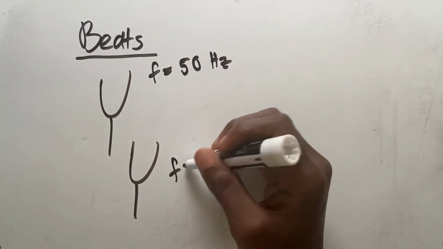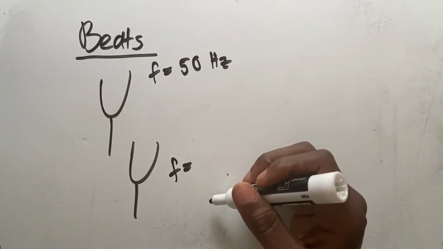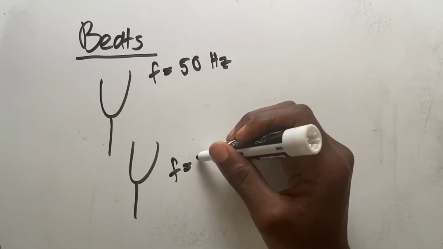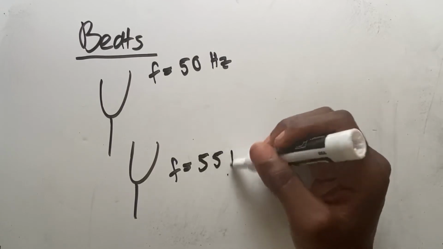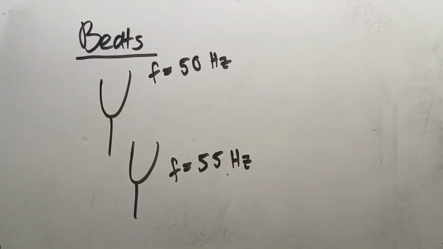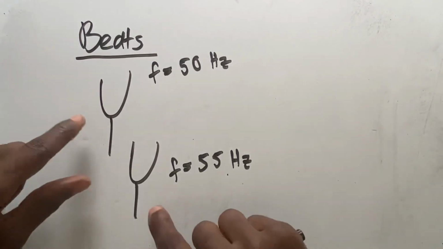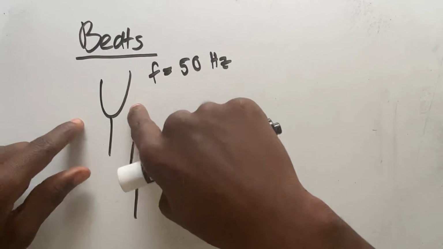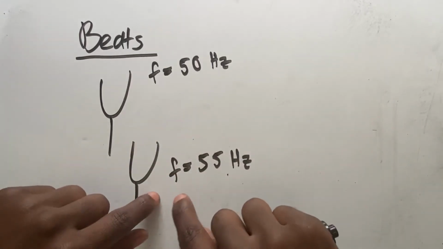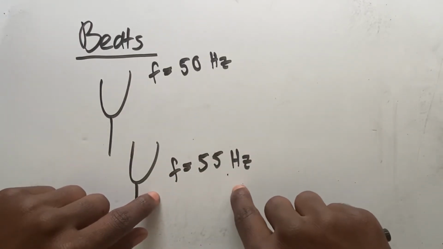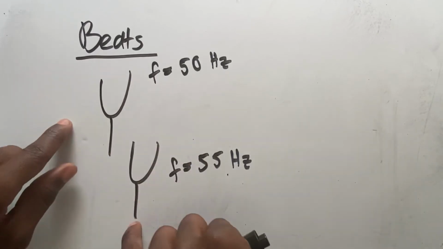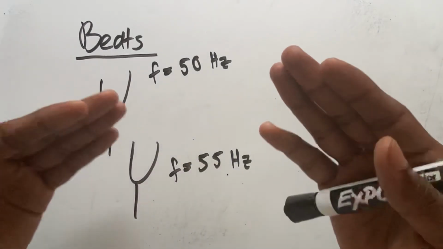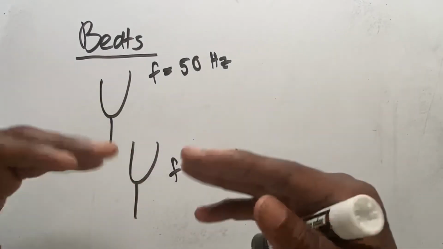This one has a frequency of, let's say 55 hertz. If we play both of these tuning forks, they're going to interfere with each other and make some type of beat.